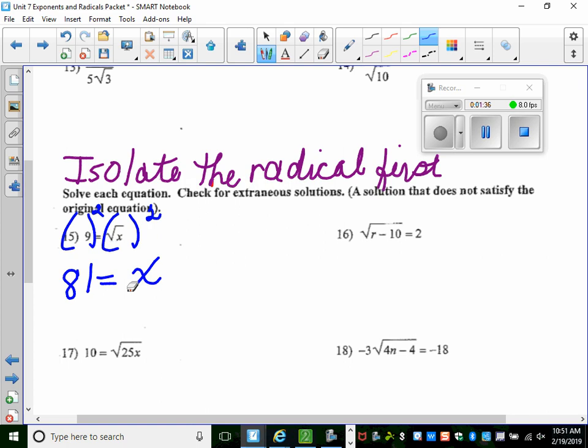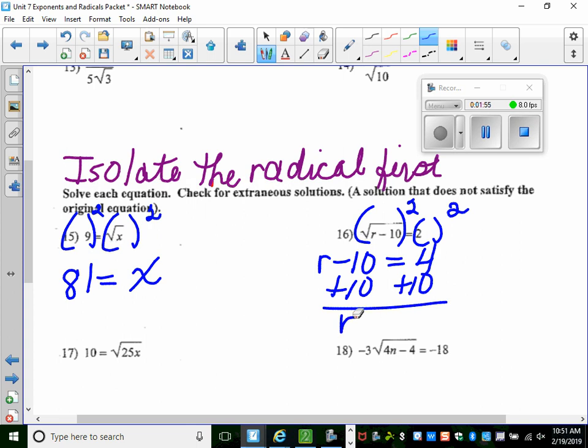In number 16, first step is already done again. So we again square both sides, and it drops the radical. And 2 squared is 4, and you get a one-step equation, and you have r equals 14.